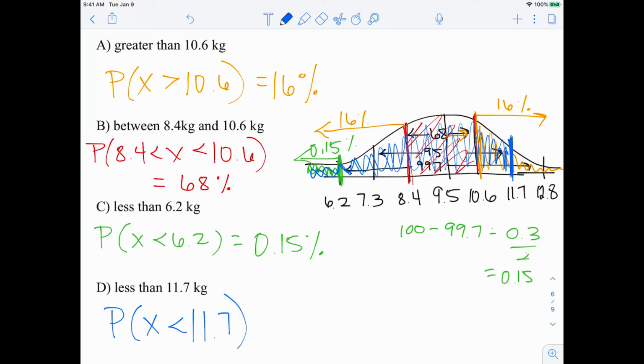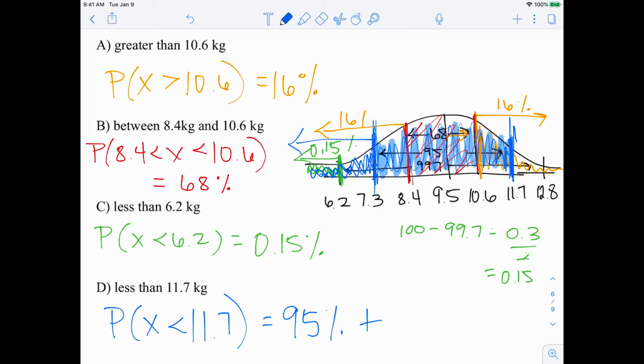The way that I would do this, I know that from here to my cutoff is 95%. So all of this area is 95%. So this would equal 95% plus this area below it. So I need to figure out what area is below this -2 standard deviations.